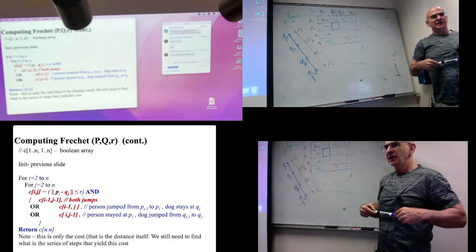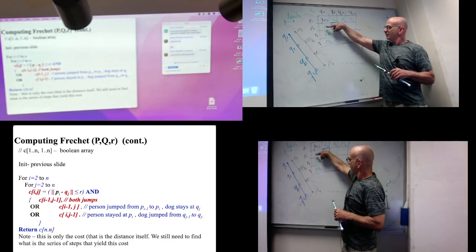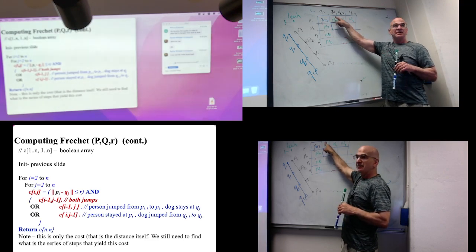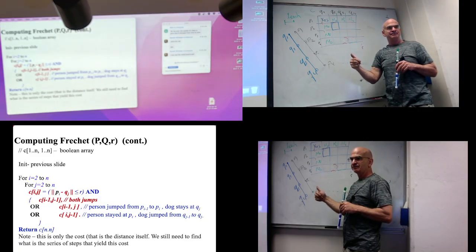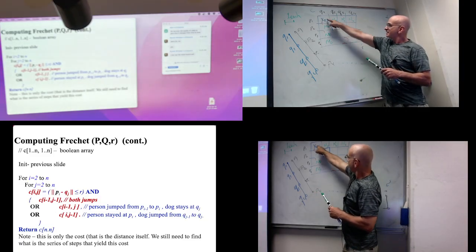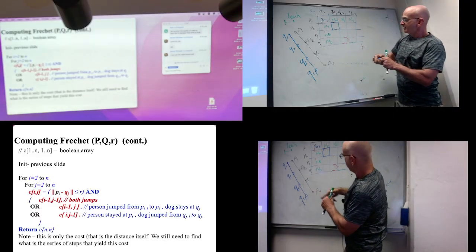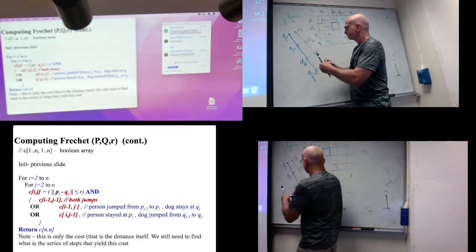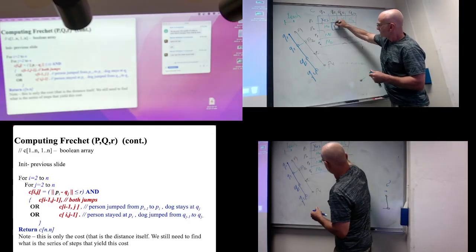From this cell I need to check the cell to my left, the cell above me, and the cell diagonally from me, and ask whether any of them contains yes. And the answer is yes, this cell is yes. This is no, no, yes, which means, and the distance between P2 and Q2 is less than R, so I'll write yes.